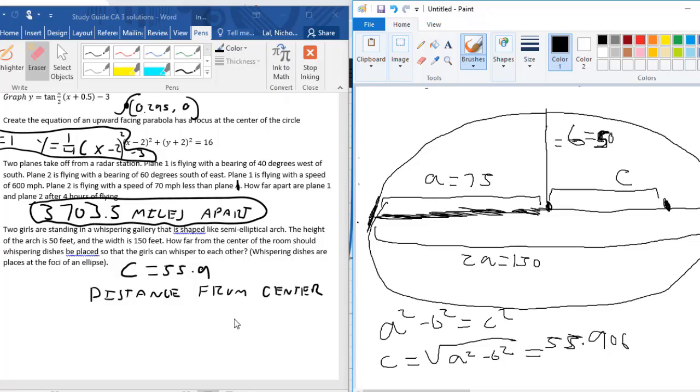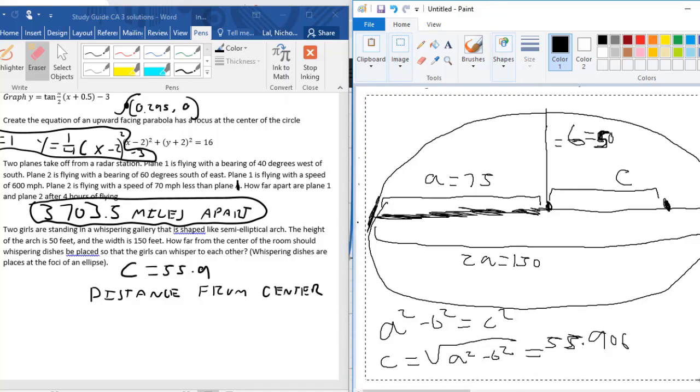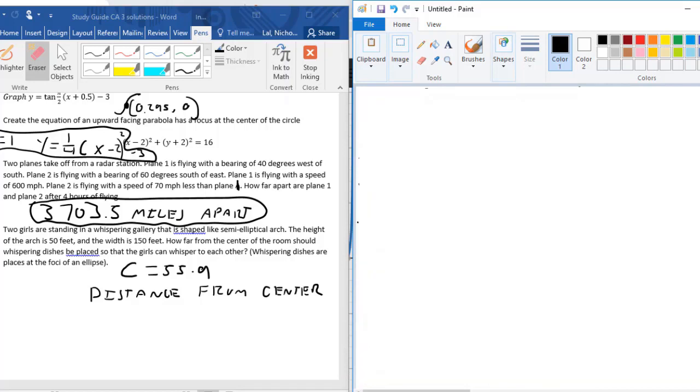All right, now what I'm going to do is figure out where I went wrong by solving 22 like a law of cosines problem. So plane 1 is 40 degrees west of south, so that's 270 minus 40, that's 230.